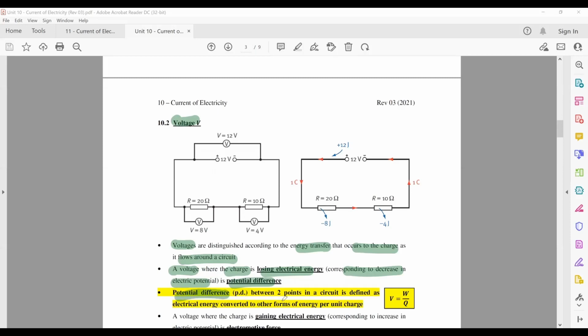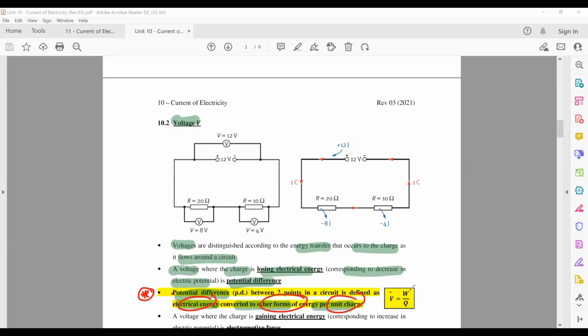Potential difference is defined as electrical energy converted to other forms of energy per unit charge. If you are asked to define potential difference, the statement in yellow is the definition to use. This is the formal definition.